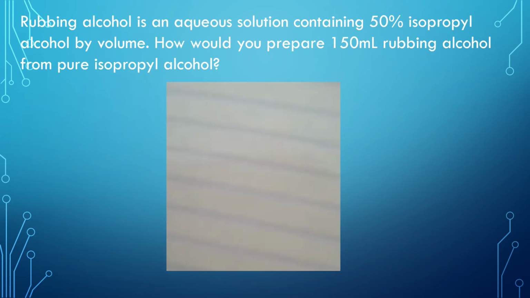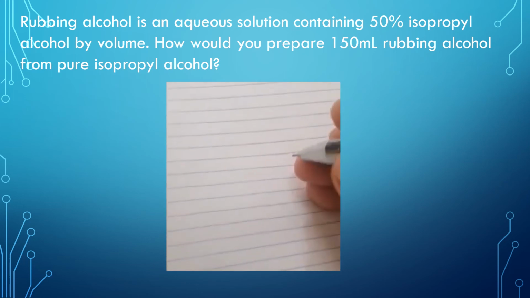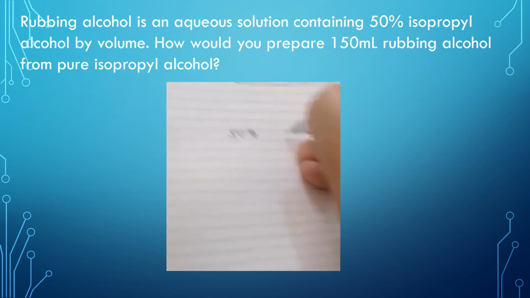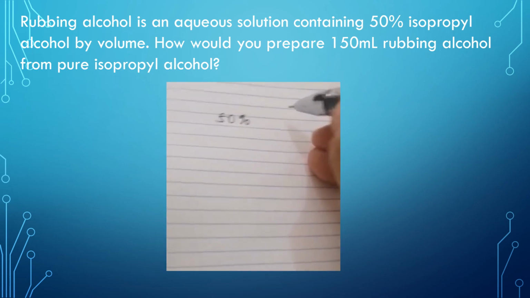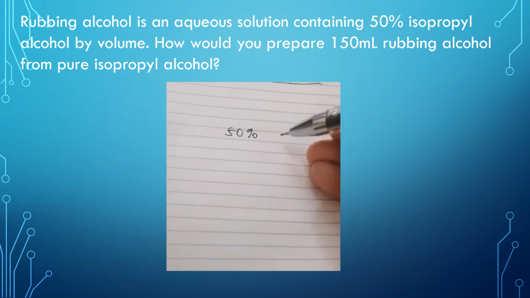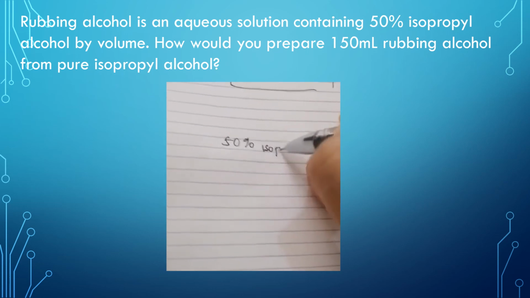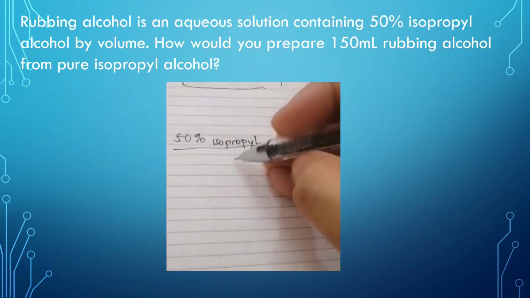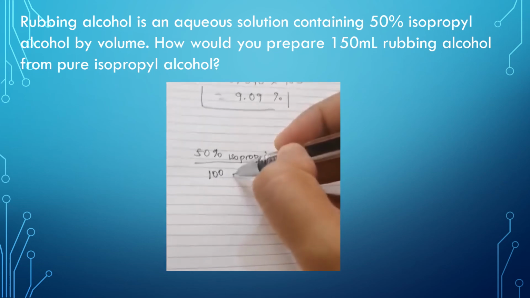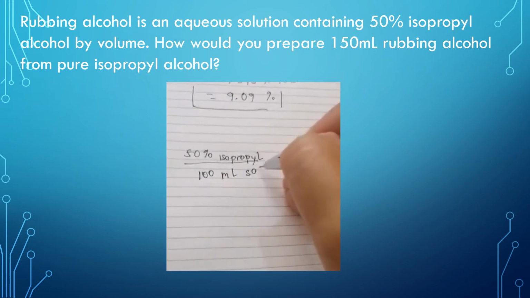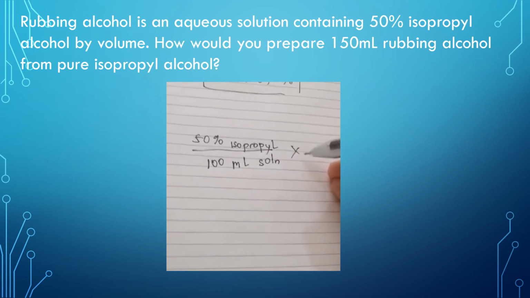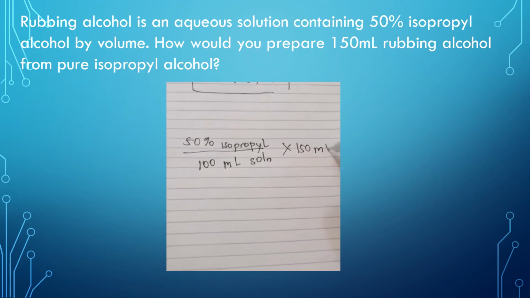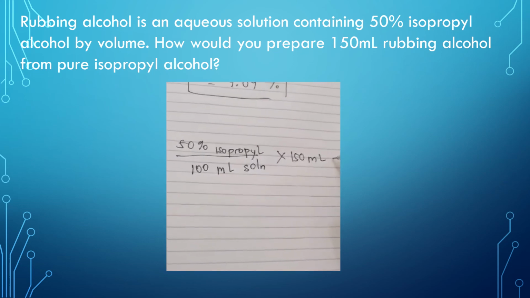So, our solution is, it says there, we have 50% of isopropyl alcohol over 100 ml of solution times our given, which is 150 ml rubbing alcohol.